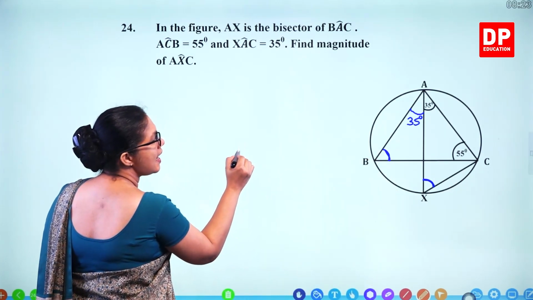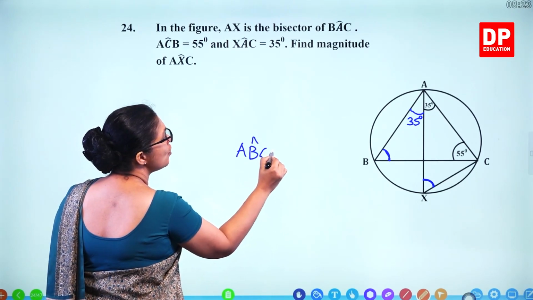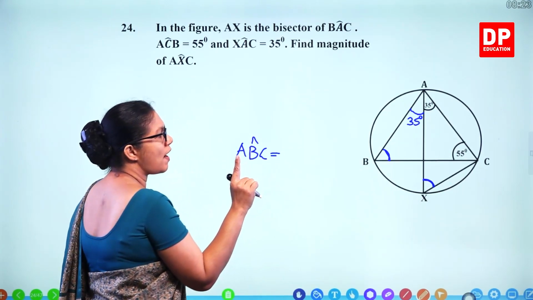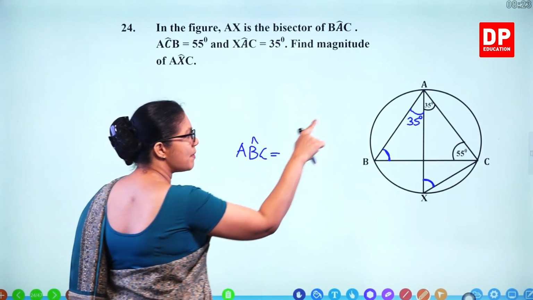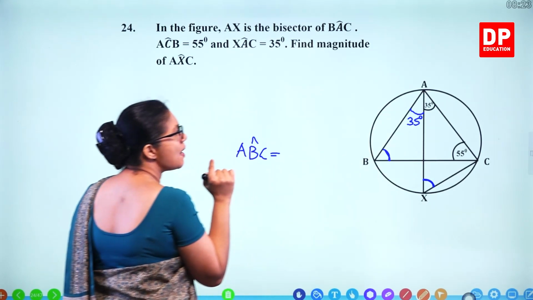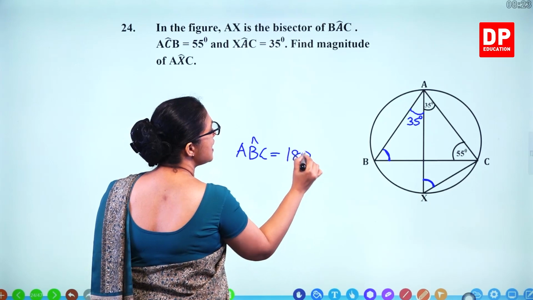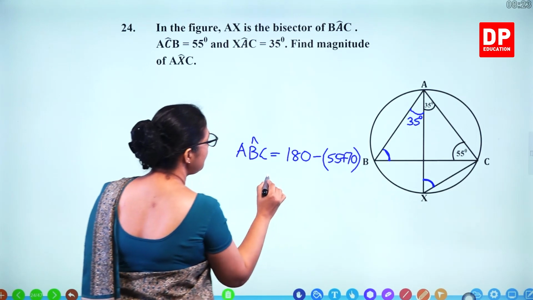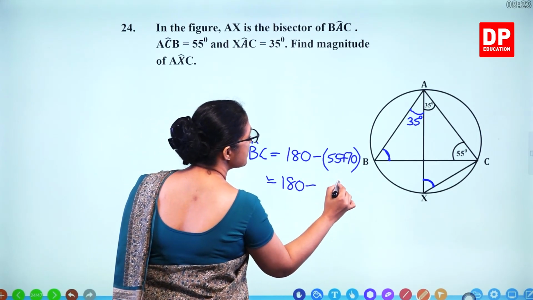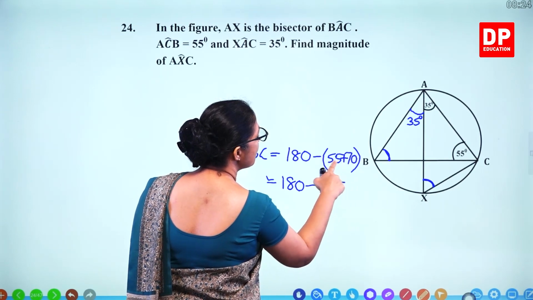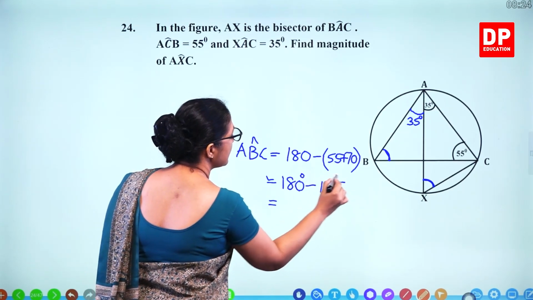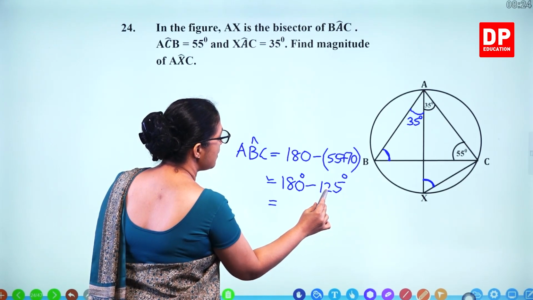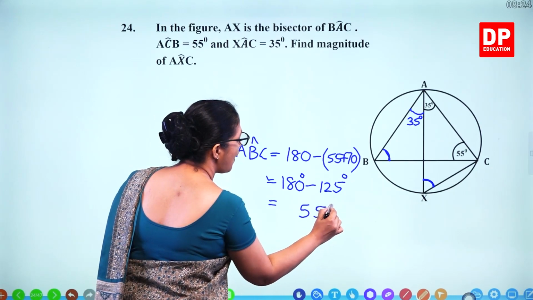What's that angle? ABC angle is equal to, here 35, 35, 70. 70 plus 55 and subtract from 180, because these are the angles in triangle ABC. So 180 minus 125, you get 55 degrees.